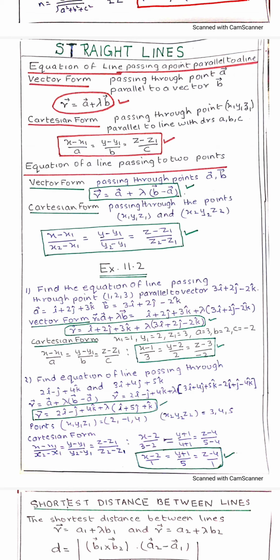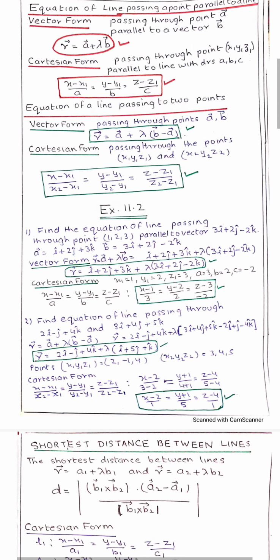Cartesian form, passing through the points (x1, y1, z1) and (x2, y2, z2), is x minus x1 upon x2 minus x1, y minus y1 upon y2 minus y1, z minus z1 upon z2 minus z1. On the basis of this formula, let us do two questions.